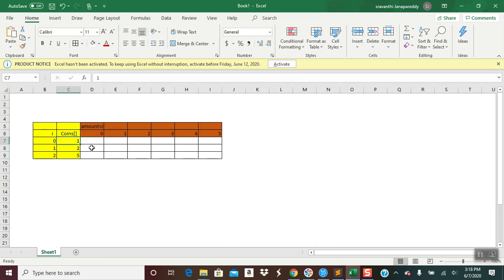When you include 1, if the sum is 1, what will be the value? If you include 1 and you want to sum up to 2, what is the value? If we fill this table, then we can easily achieve this without order of 2 power n, with order of m times n instead.